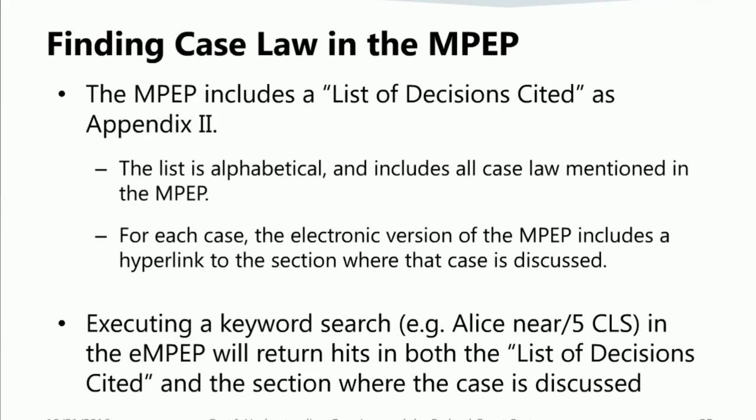The electronic version of the MPEP includes hyperlinks so that you can easily access the MPEP sections that are relevant to a particular case directly from Appendix 2. Executing a keyword search, for example, Alice /5 CLS, in the eMPEP will return hits in both the list of decisions cited and the section where the case is discussed.